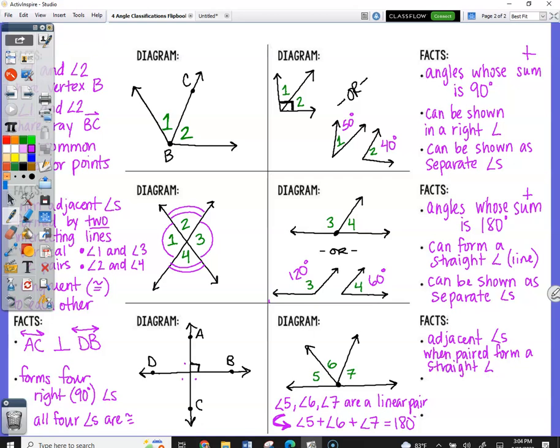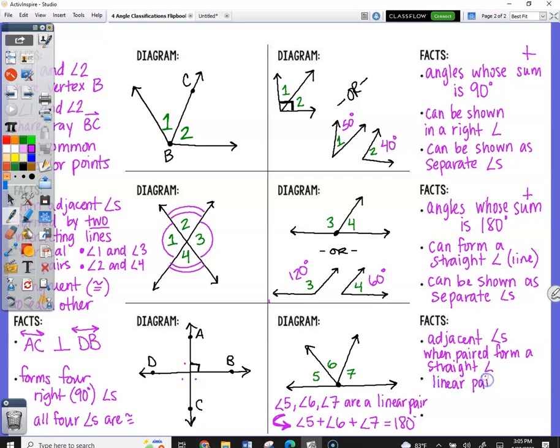Adjacent angles when paired form a straight angle. Fact 2.